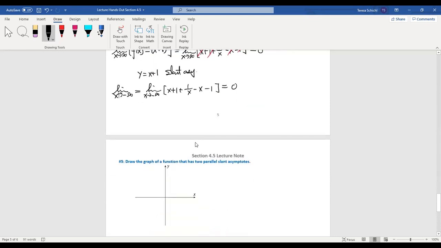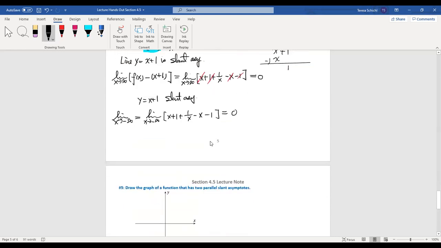Then you ask, what is this function going to look like? You could have something like this, depending on what your function is, with x plus 1 here and here. This is your slant asymptote. Your graph could go like this, depending on what it looks like.